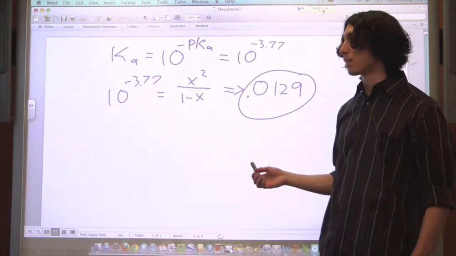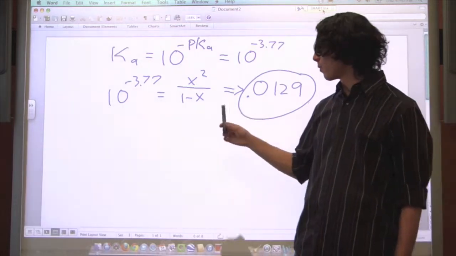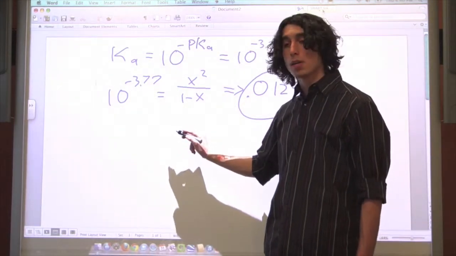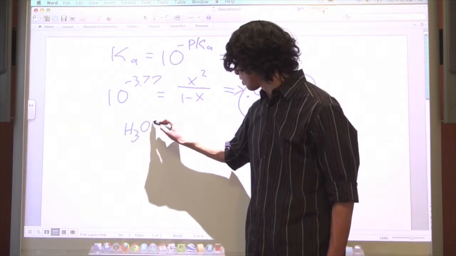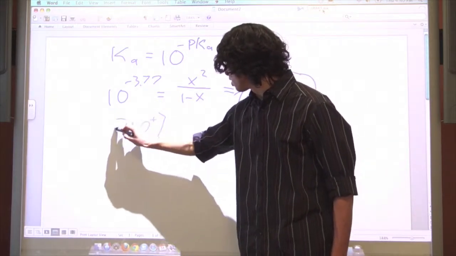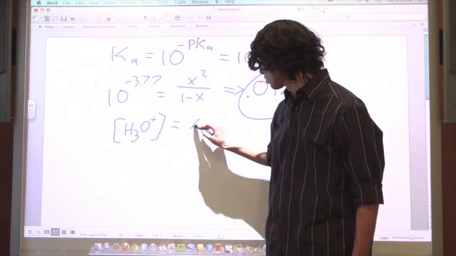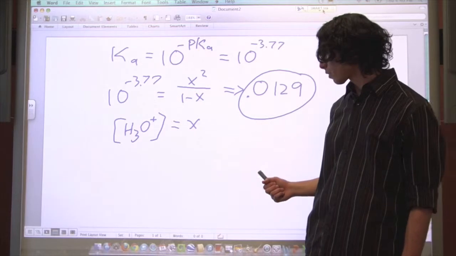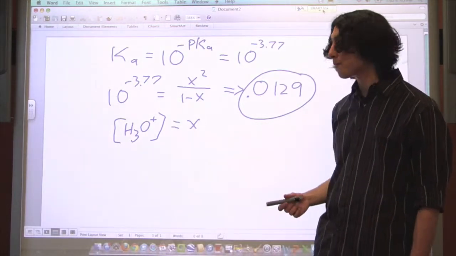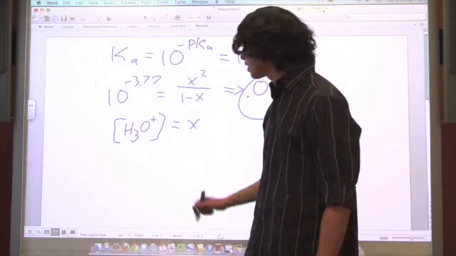That's how much reacted. And we know that the equilibrium concentration of H3O+, the hydronium ion, is equal to x, right? That was from that previous slide again. So since we know that, we can solve for the pH.